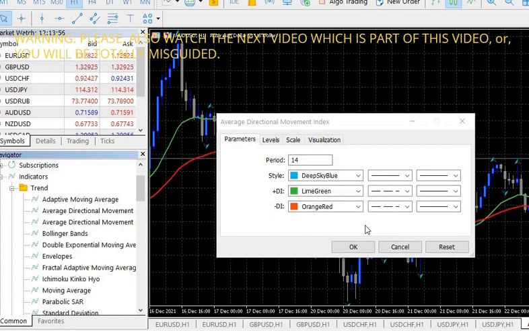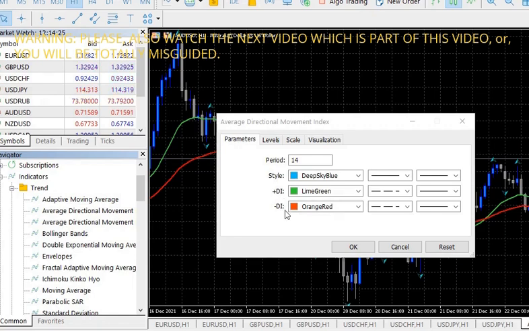You will find the default setup with period 14 and the trend color, and there are also two directional lines for the indicator: one is DI plus and another is DI minus, or DI positive, DI negative.